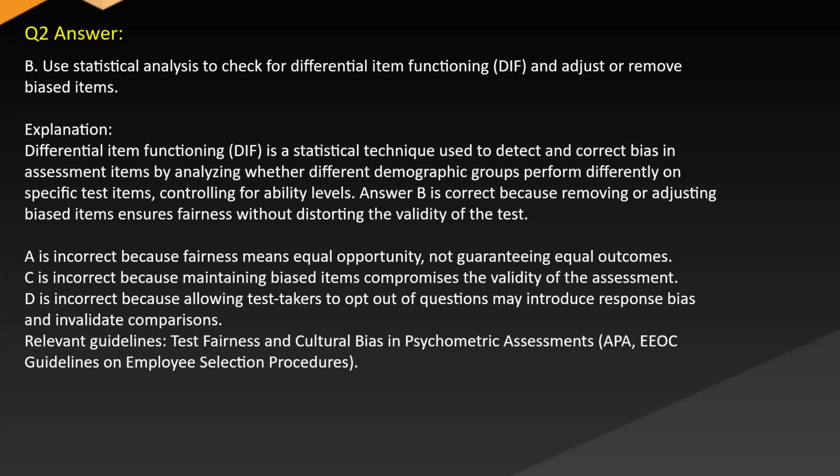C is incorrect because maintaining biased items compromises the validity of the assessment. D is incorrect because allowing test takers to opt out of questions may introduce response bias and invalidate comparisons. Relevant guidelines: test and cultural bias in psychometric assessments, EEOC guidelines on employee selection procedures.